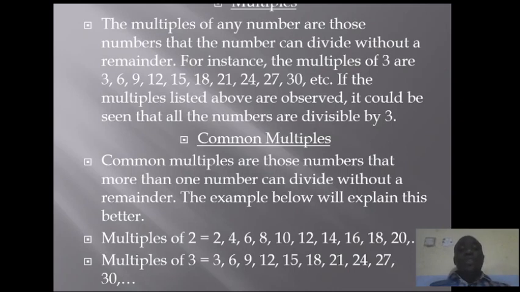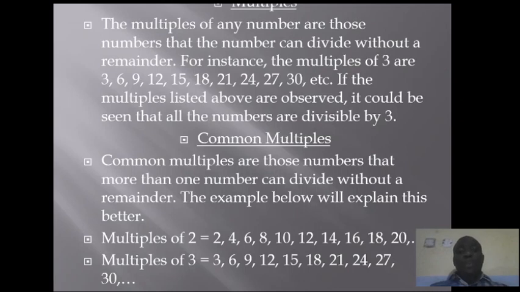So we define common multiples as those numbers that more than one number can divide without a remainder. We start from multiples first so that you can get common multiples.